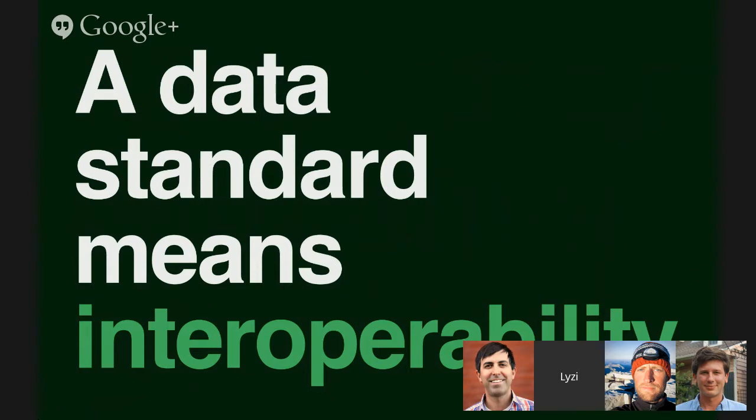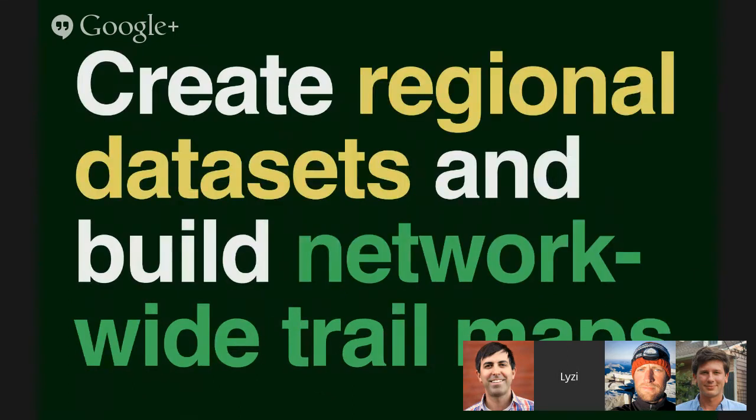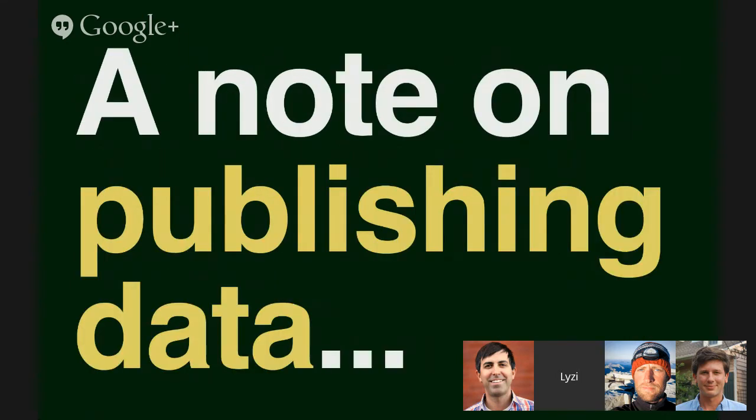Because a data standard means interoperability. So you can create regional data sets from your OpenTrails data and build network-wide trail maps. Once you have everyone in your area all using OpenTrails, then getting your data connected is a breeze, and no more of those misses when you do an epically large join, as you might with a bunch of different types of data, or a bunch of different data sets from different jurisdictions.